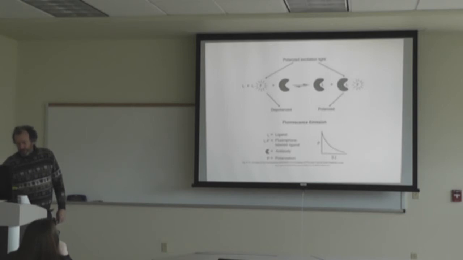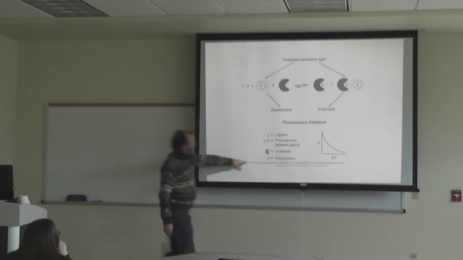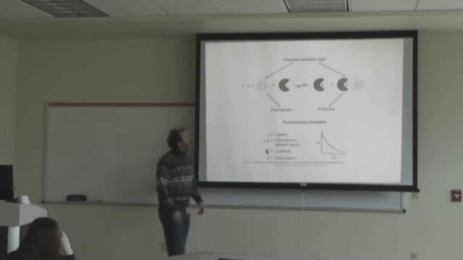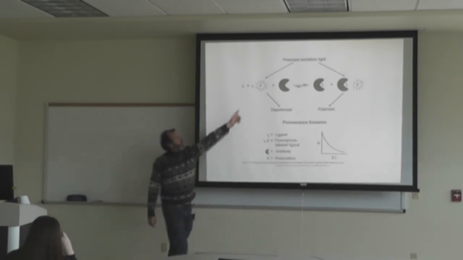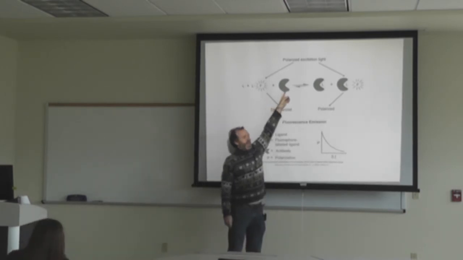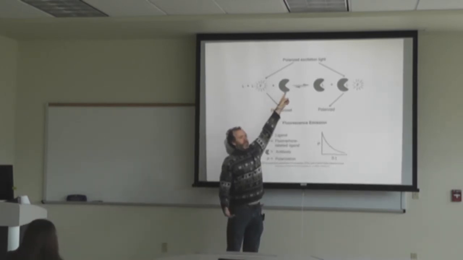So the other one I like is this, polarized, or what's it called? The fluorescence polarization immunoassay, FPIA. So what's happening here, you think? You got a ligand that's labeled to a fluorophore, and then you have an antibody in the mix too.